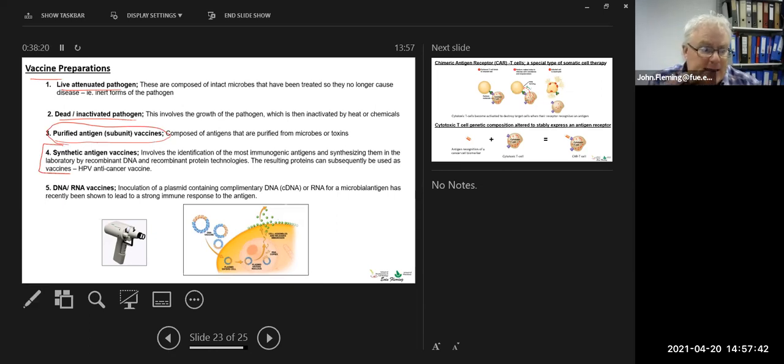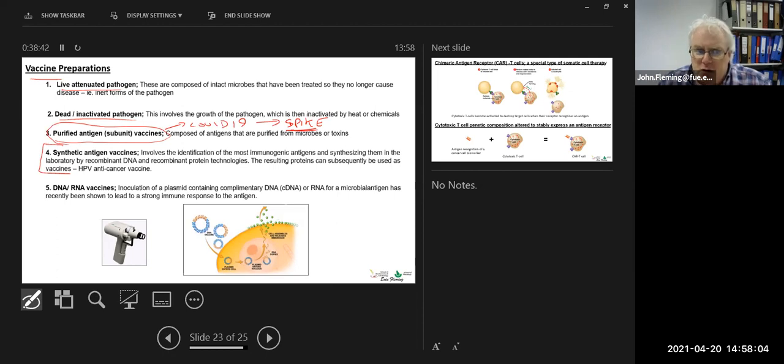And I guess the classical example here at the moment is we could grow up our COVID-19 and we could specifically purify the spike protein from COVID-19 and then inject this spike protein, and patients would develop immunity based on this.